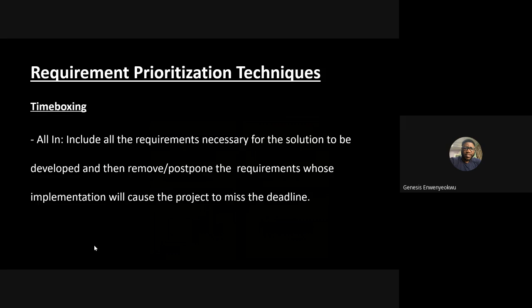These are the 3 different approaches to time boxing. For the all-in, it means we include all the requirements that are necessary for the solution to be developed, and then we remove or postpone the requirements whose implementation will cause the project to miss its deadline.